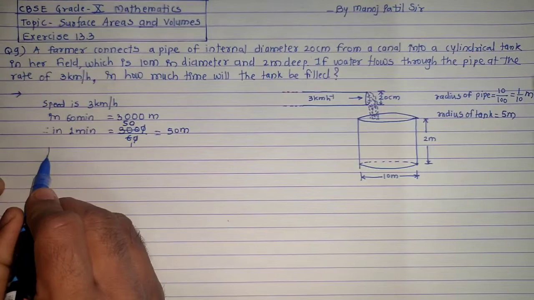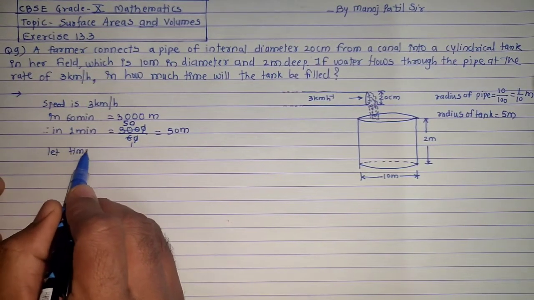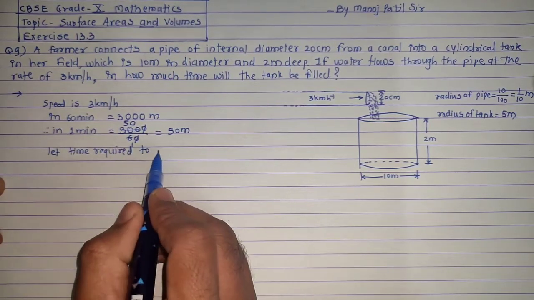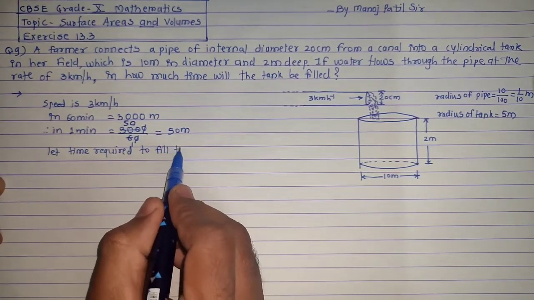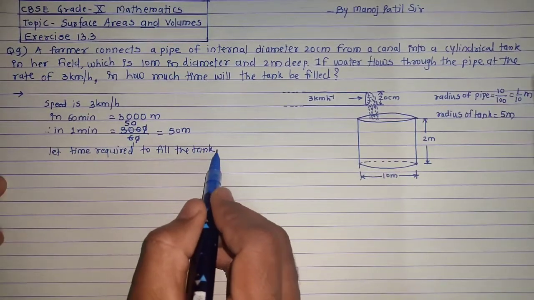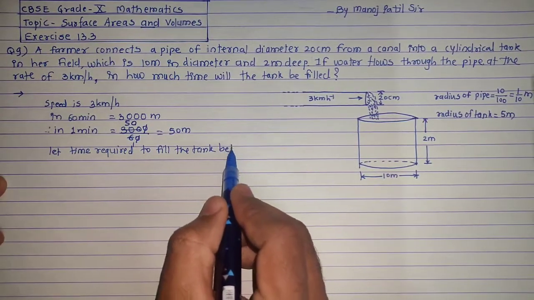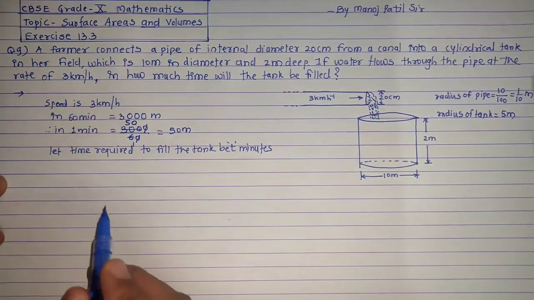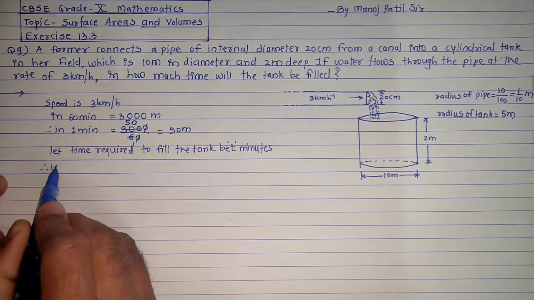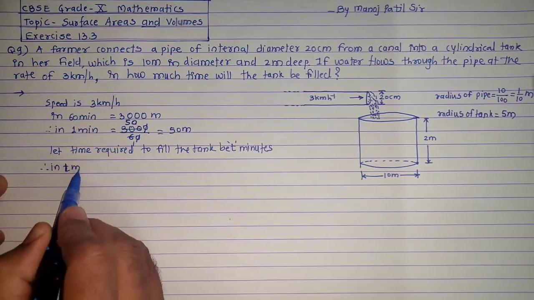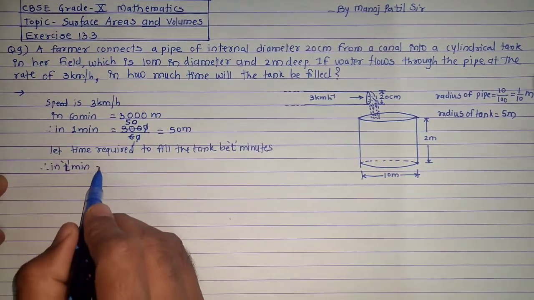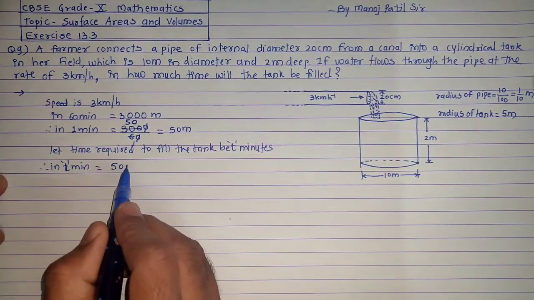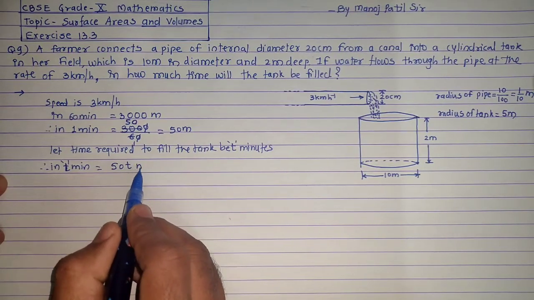So we'll consider time required to fill the tank be t minutes. So we say it is t minutes. Therefore in t minute the length of water in the pipe will be 50 multiplied by t, that is 50 t meter.